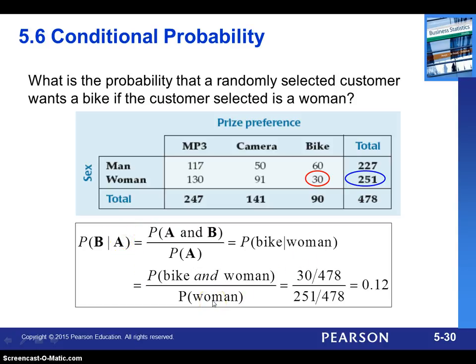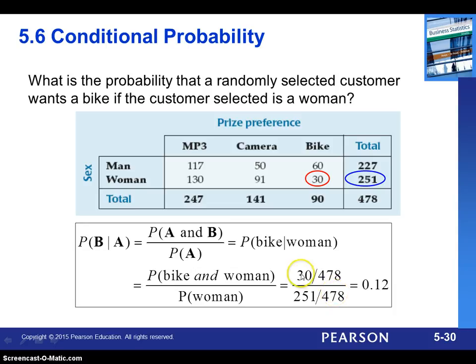The probability of woman is just how many women, 251. This is a marginal distribution, right? The probability of woman is the marginal total, 251 women out of 478 total people. So you end up with a joint probability, 30 over 478, and then a marginal probability, total women over 478.